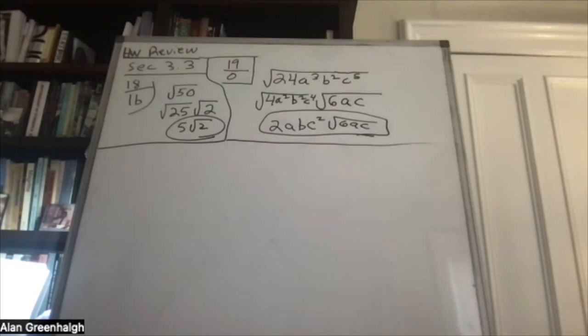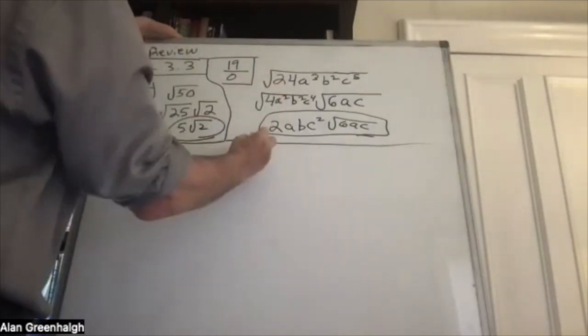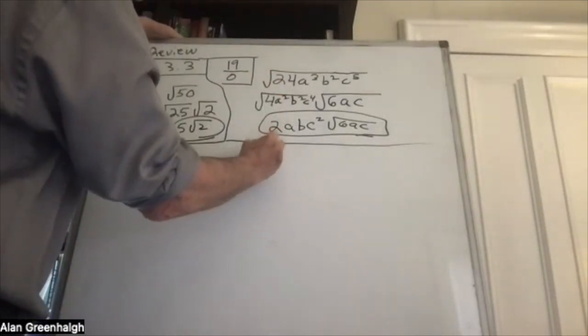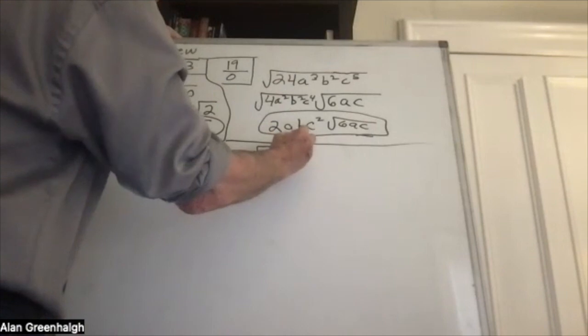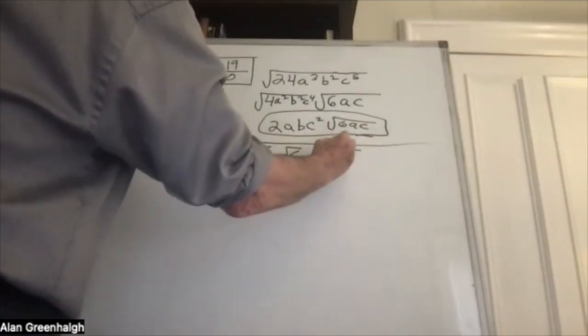You didn't do it the way I did it? No, but I got the same result. It's right. I just write separately the square root of 4, the square root of 6, and the square root of the letters. Oh, yeah. In other words, you did the problem like this. You said, well, let's make the square root of 4 and then the square root of 6, and then you did the letters, a squared, b squared.